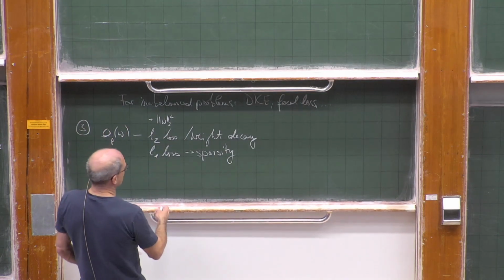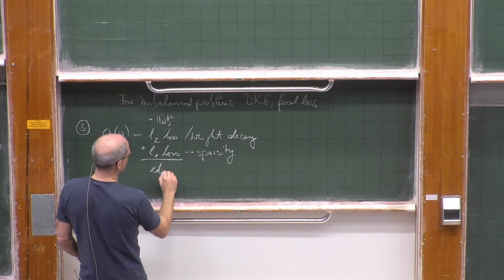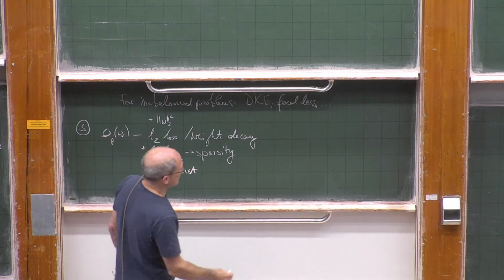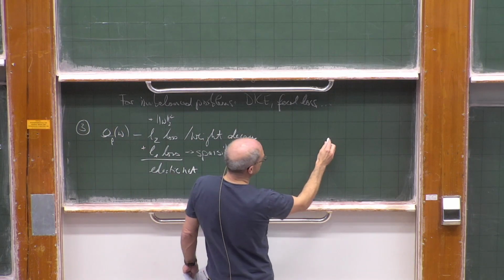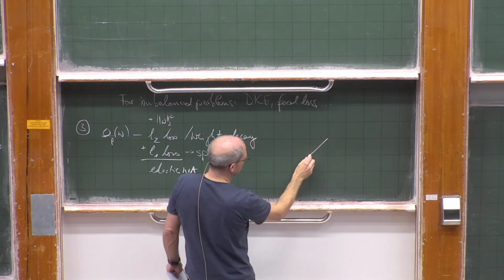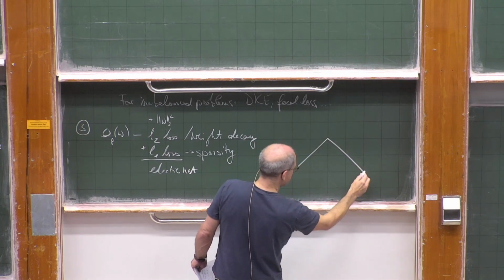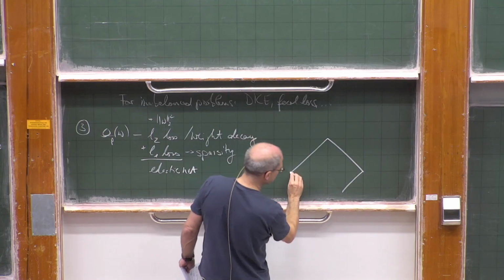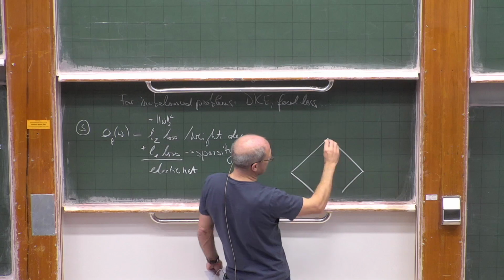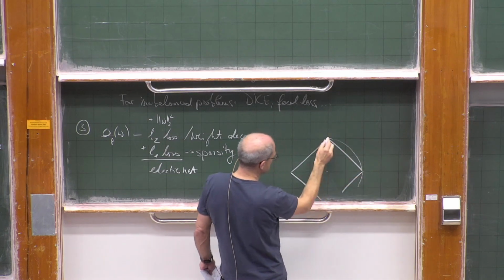And then there is a combination. So L1 plus L2 would be called the elastic net. And let's look again at the unit ball for the L1 loss and the L2 loss. So this would be the unit ball for the L1 loss. This would be the unit ball for the L2 loss.